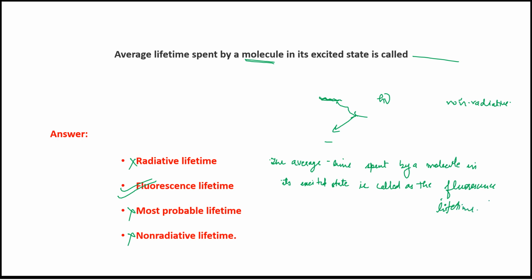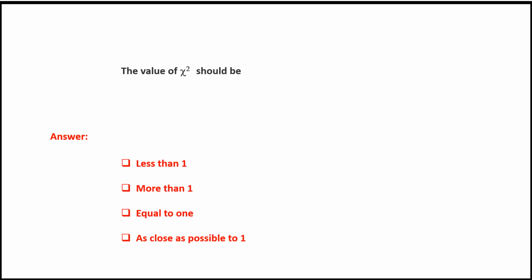Okay, fluorescence lifetime. Now, this was the question 1. Now we'll go to the next question. The question 2 asks the value of chi square should be.